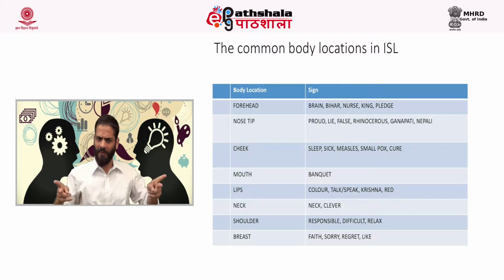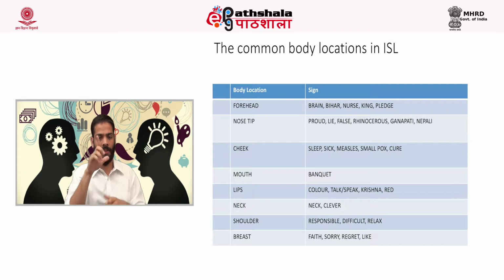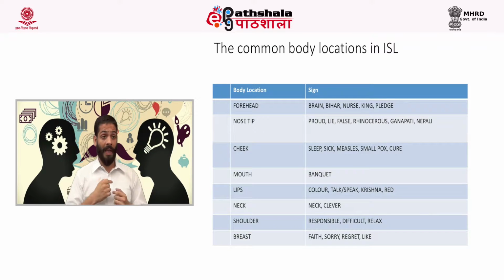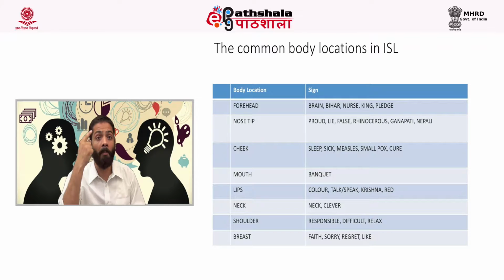There are many locations on the body where a sign can be signed. However, we only chose a few examples to illustrate. Similarly, we know that liver can only be signed on the stomach because that is its position. Heart can only be signed on the chest because that is where the heart is.